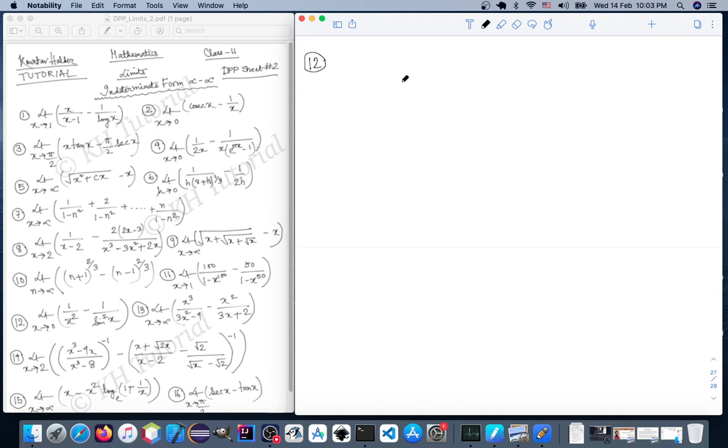Okay, so limit x tends to 0, 1 by x square minus 1 by sine square x.